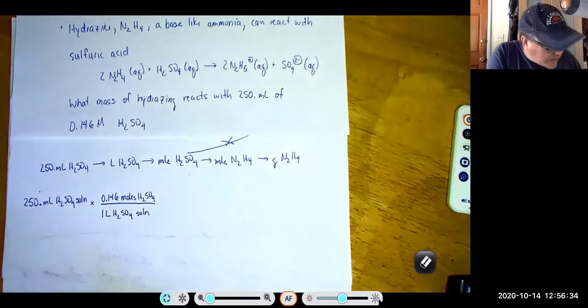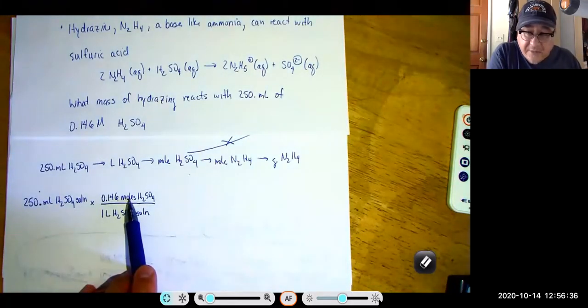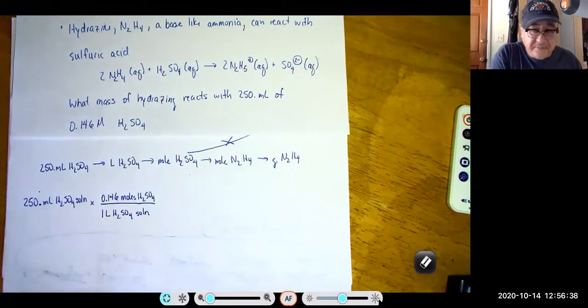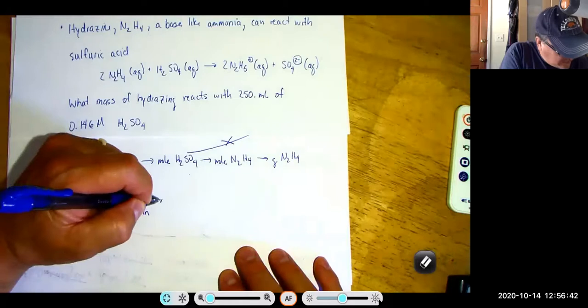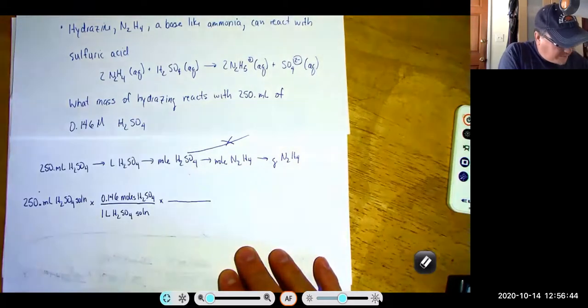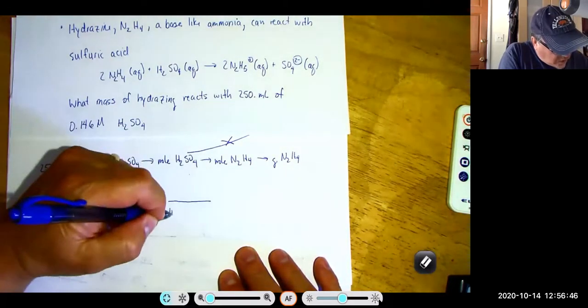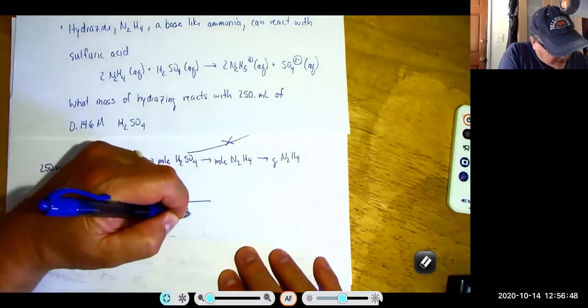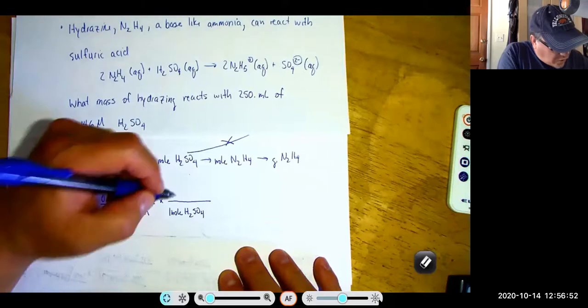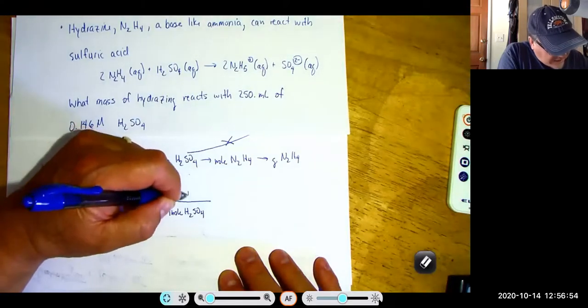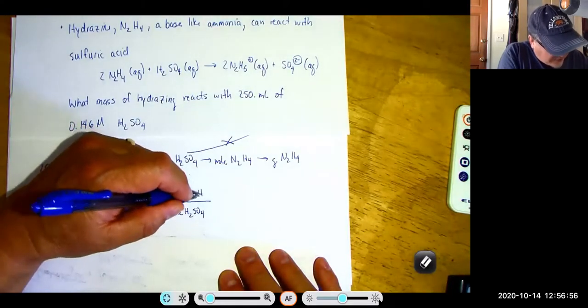Did everyone remember to write the word mole here instead of an uppercase M? And then we're going to write from the balanced reaction 1 mole of sulfuric acid on the bottom and 2 mole of hydrazine on top.